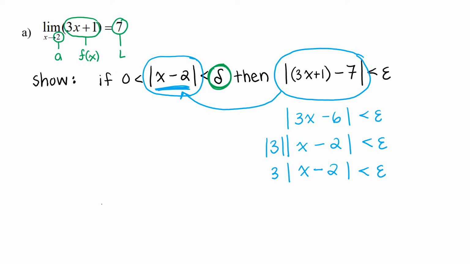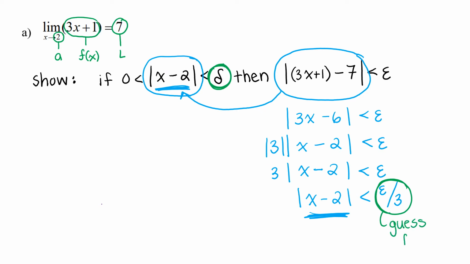And now I can divide both sides by 3, so I have the absolute value of x minus 2 is less than epsilon over 3. So on the other side of my inequality symbol, this epsilon over 3 must be a good guess for delta.